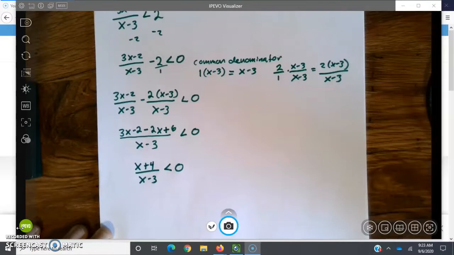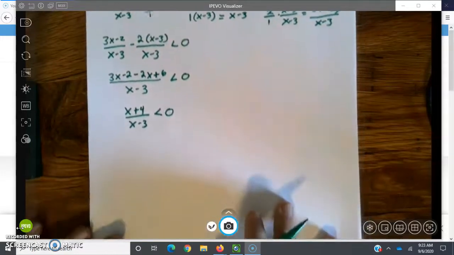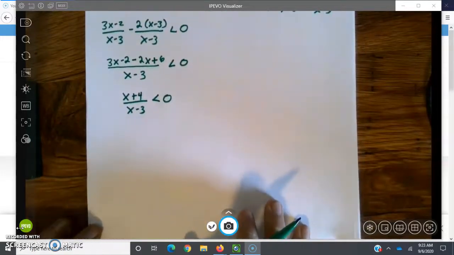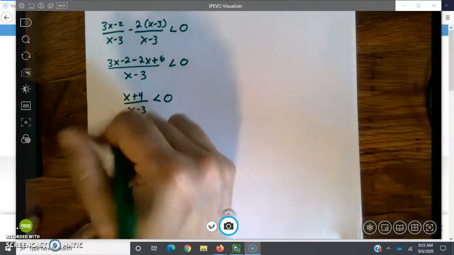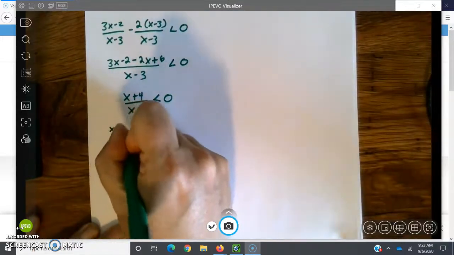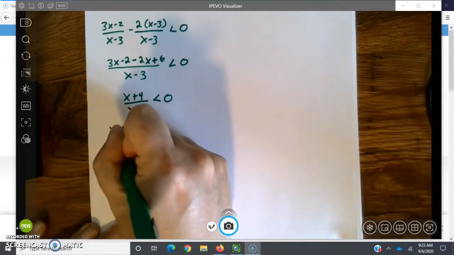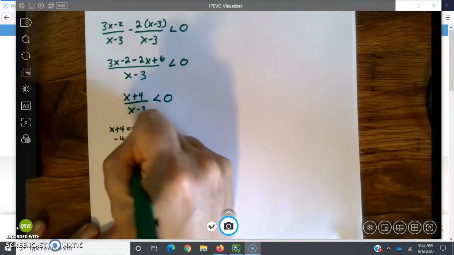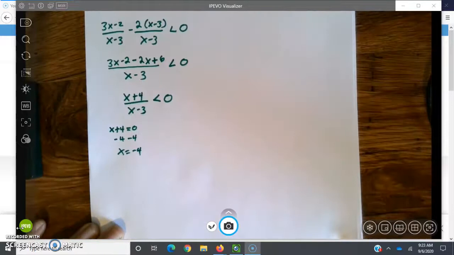We have to find some test points and find some regions here. So first we want to find some points that are going to define our regions. So we look at our numerator, set it equal to 0, and we get negative 4.